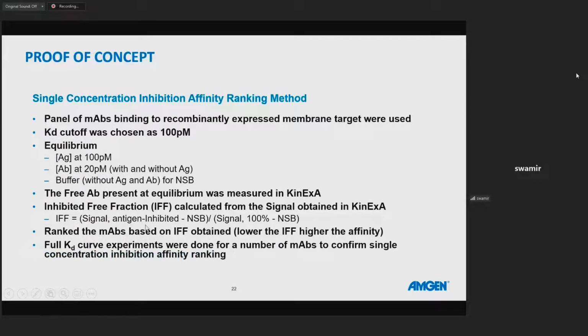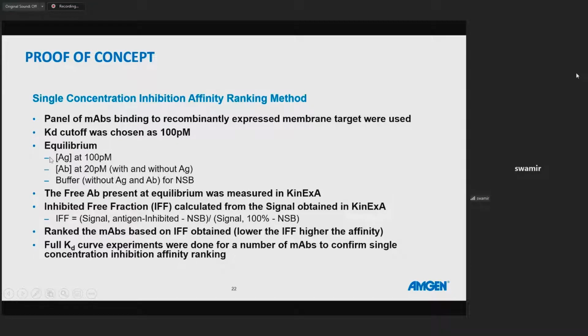So what we did was, we took a panel of membrane target which was purified. So it's a soluble target, but it was a membrane target which we purified. We chose a KD cutoff of 100 picomolar.